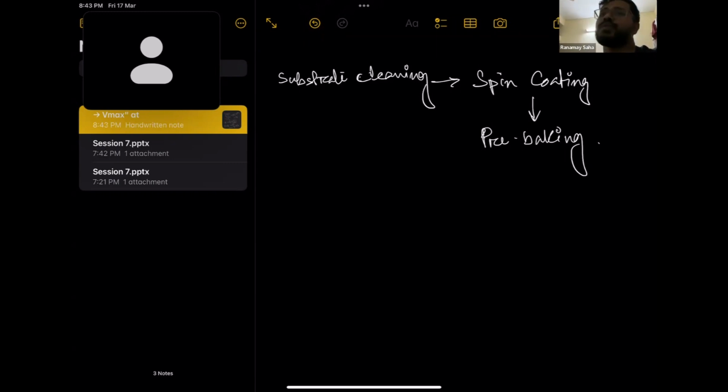You do this before you expose it to the X-ray beam or optical source, whatever it is. Pre-baking is necessary to make it photosensitive. After pre-baking we go to the exposure, and after exposure we do the post-baking.